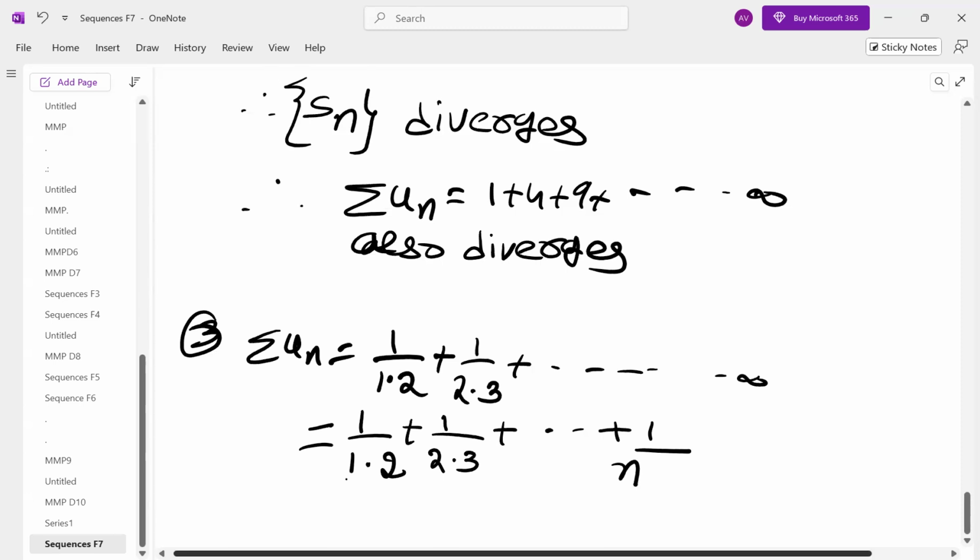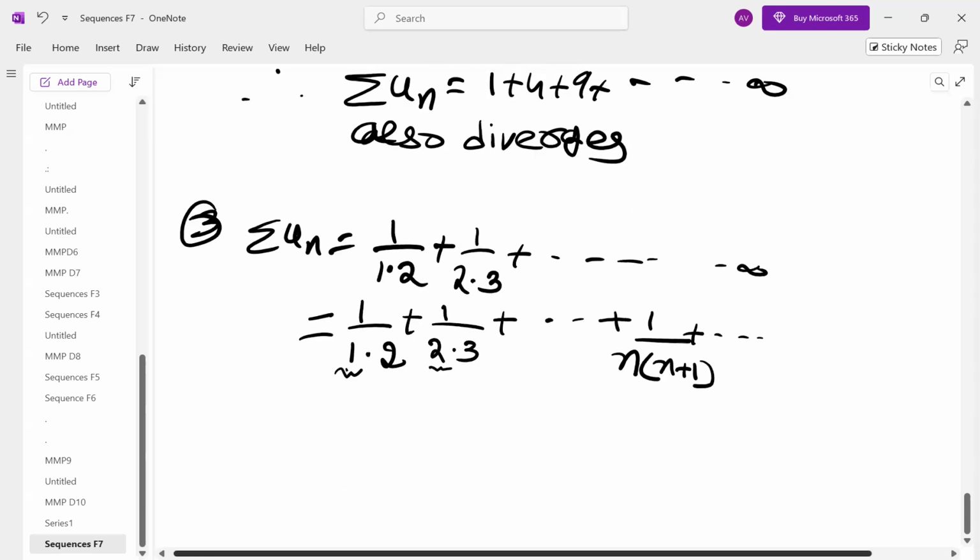The first term is 1, then 2, 3, and so on. So the nth term will be n. The second factor is 1 more than this, so n plus 1. If you put n equal to 1, you should get back the first term. You can cross check. Then we have to find Sn: 1 into 2, 2 into 3, n into n plus 1.